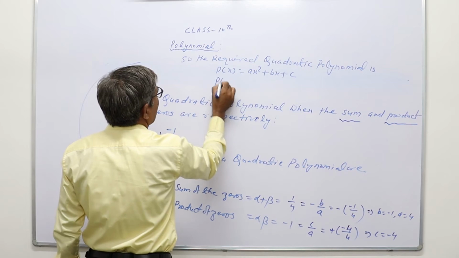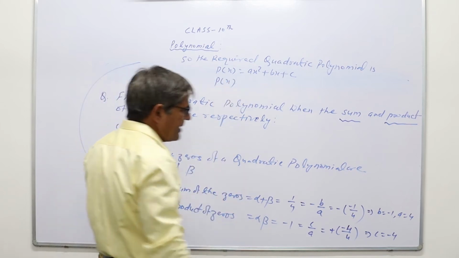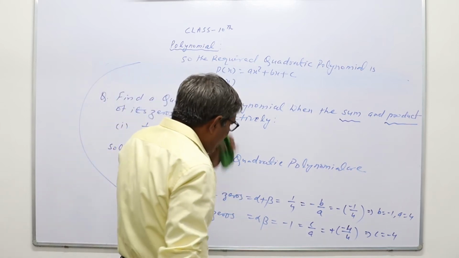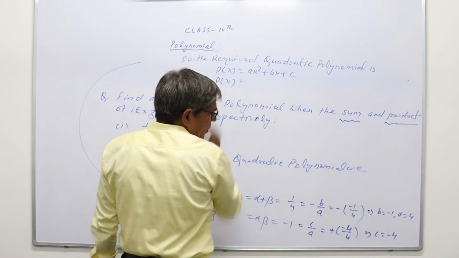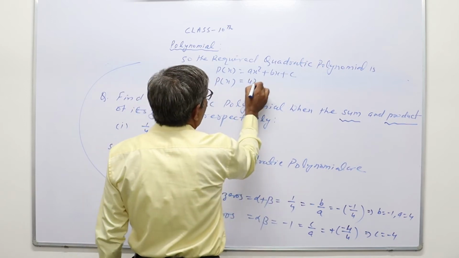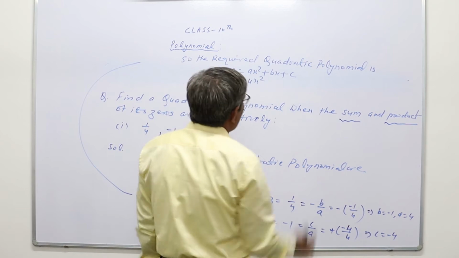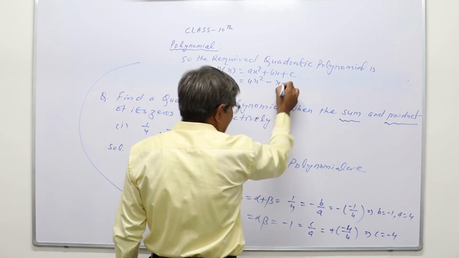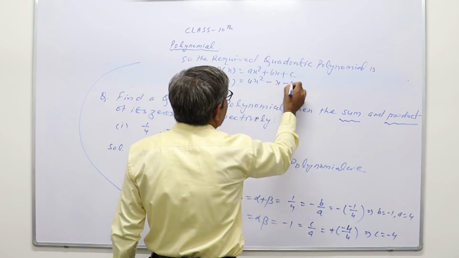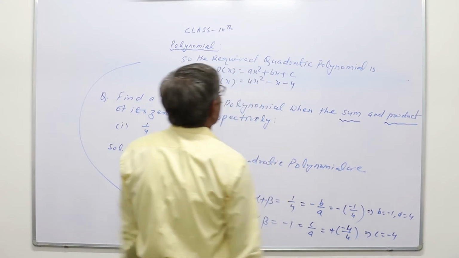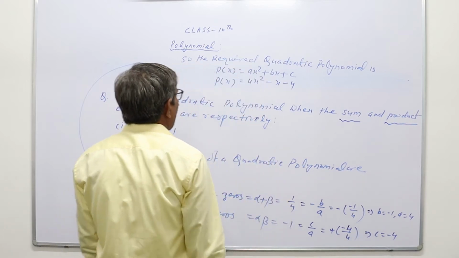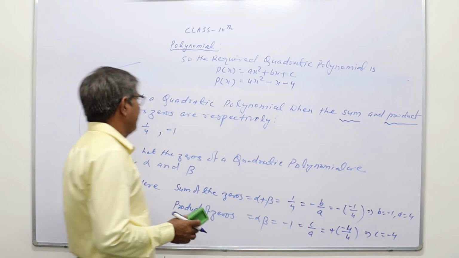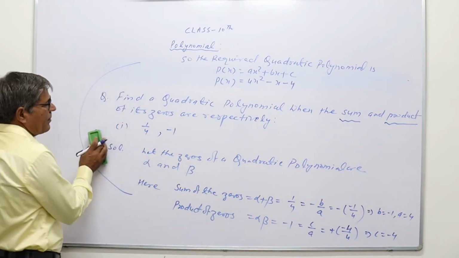By putting the values of a, b and c: a is 4, so 4x square, b is minus 1, so minus x, and c is minus 4. So 4x square minus x minus 4, that is your answer. Now, one more question.